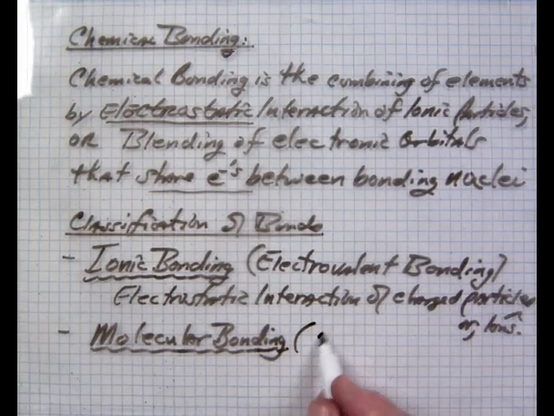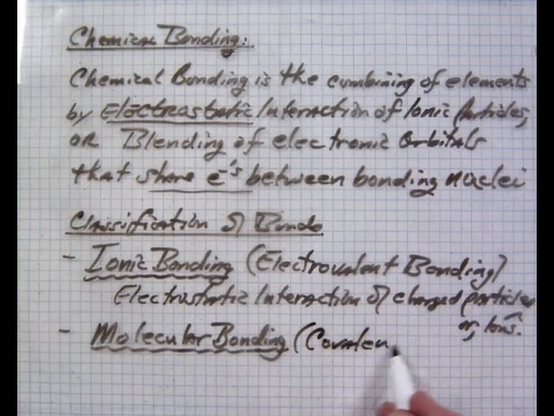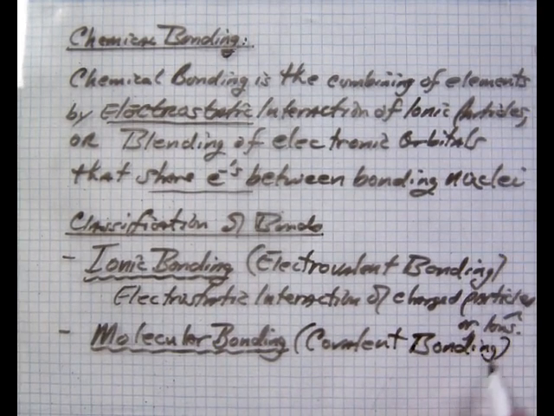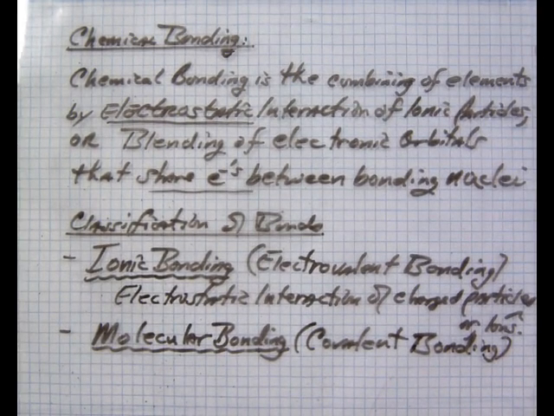This is also known as covalent. Some of the terms I'm sure you're familiar with from previous courses, but the molecular bonding results from the interaction of electron orbitals that share electrons between bonding nuclei.